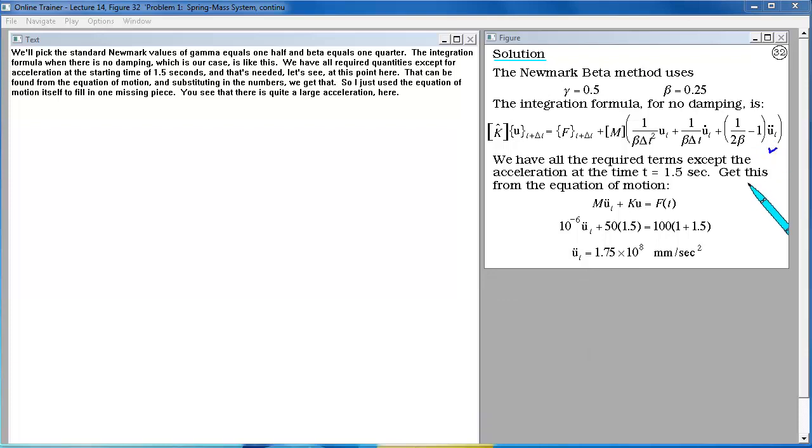We have all the required quantities except for acceleration at the starting time of 1.5 seconds. That can be found from the equation of motion, and substituting in the numbers we get that. So I've just used the equation of motion itself to fill in one missing piece, and see that there's quite a large acceleration here.